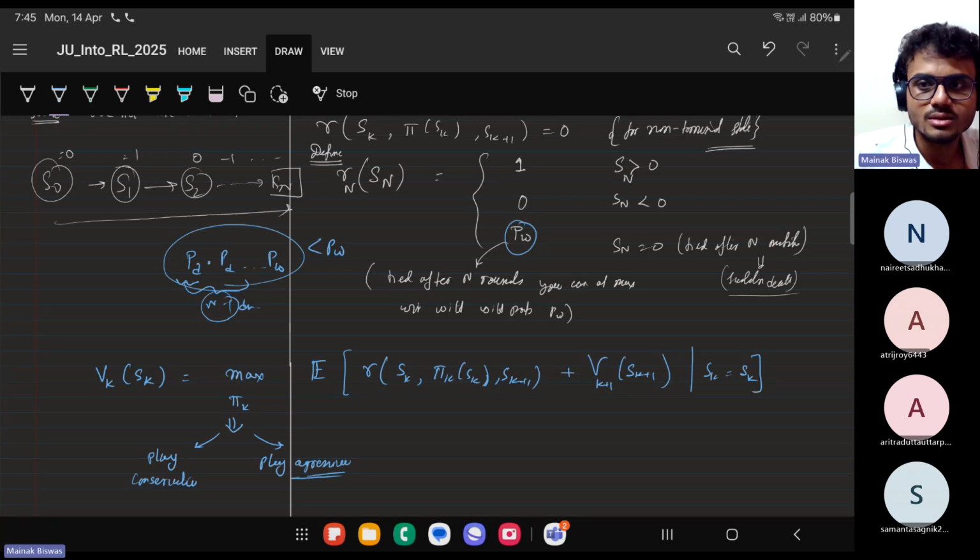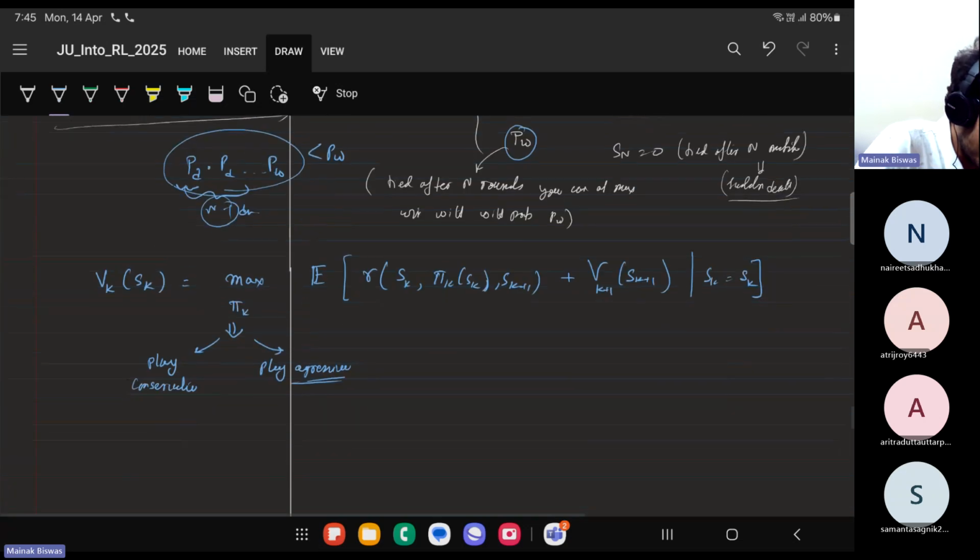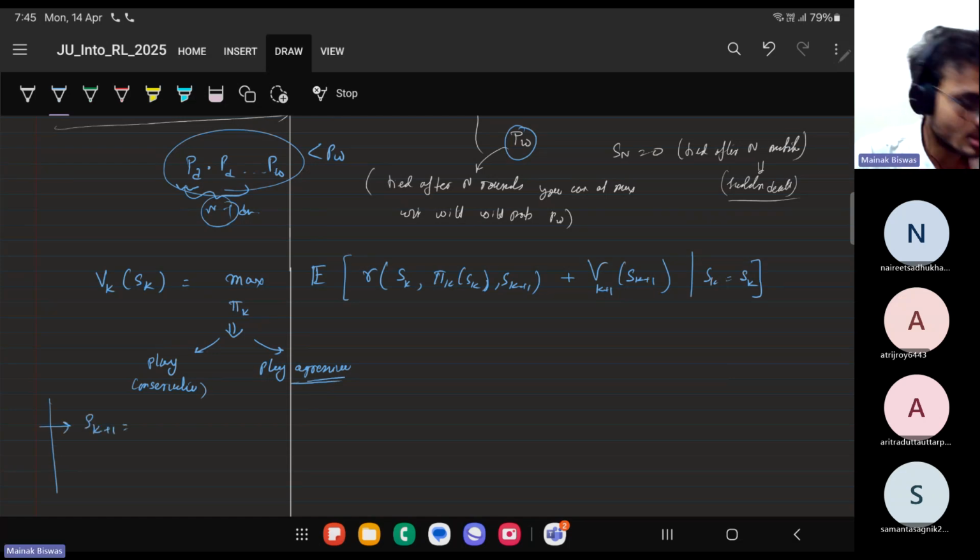At every step. If I play conservative, what are the outcomes possible? What can Sk plus 1 be? If I play conservative, if it is a draw, what is Sk plus 1 going to be? And if it is a loss, what is Sk plus 1 going to be?